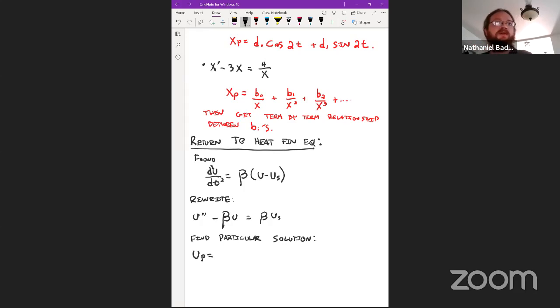So what's our particular solution going to be in this case? Remembering that both beta and us are constant, what should the particular solution be? Oh, sorry, I think I've got a sign incorrect here. Oh, no, I don't.